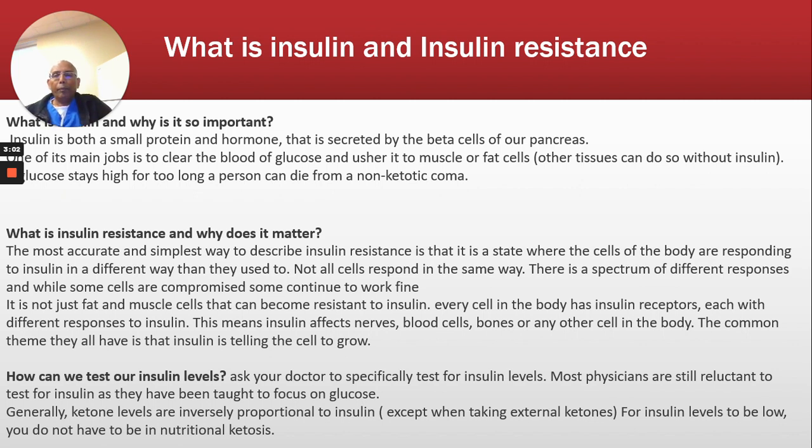The main job of insulin is pushing the glucose into the cells. When more insulin than normal is needed because the cells don't respond to the normal activity of insulin, that's when we call it insulin resistance.